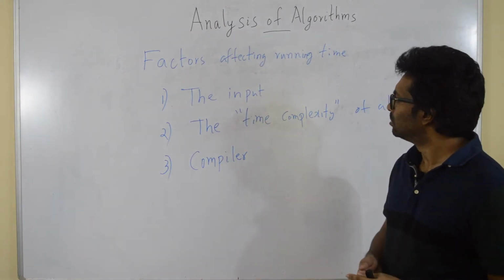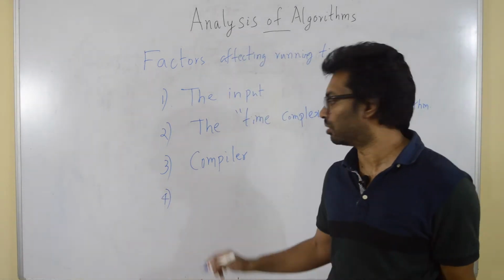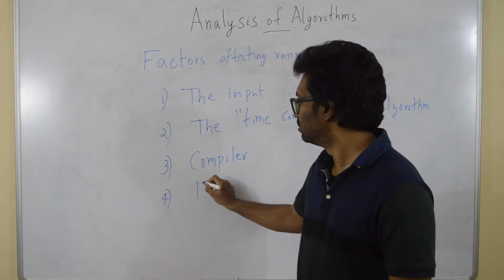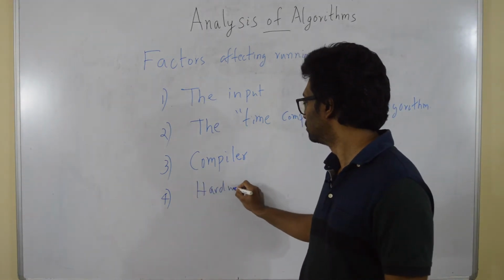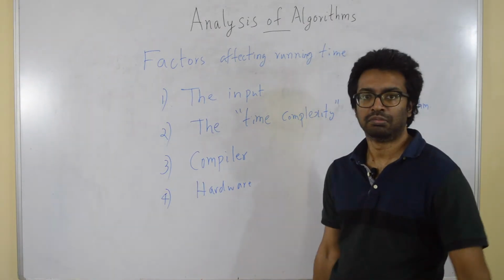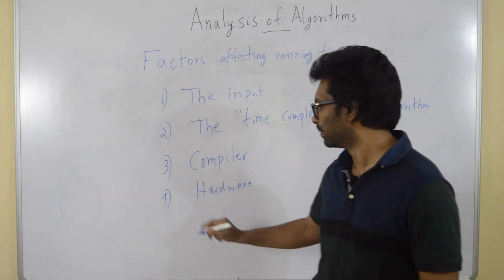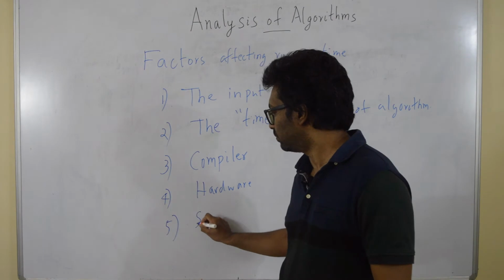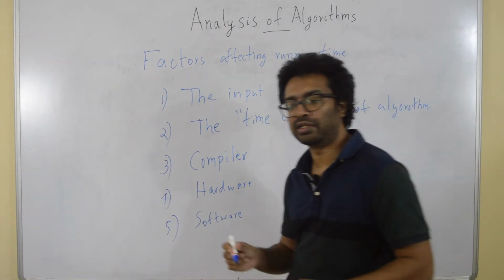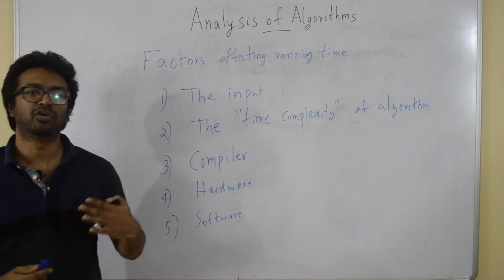The next thing is, obviously, the speed of your computer, right? How good is your processor and your hardware? If you have a faster hardware, your algorithm will also run faster. Now, the software: how good is your operating system in enabling your program to be run?